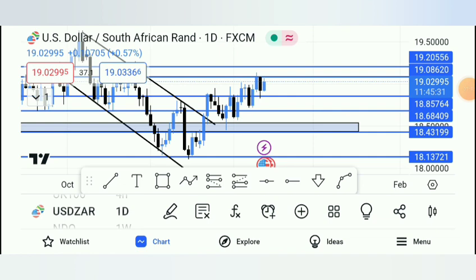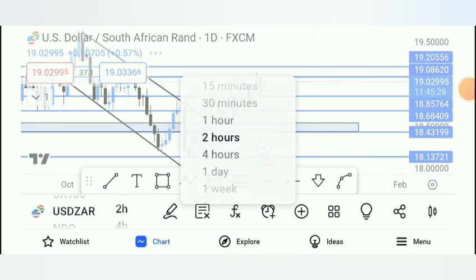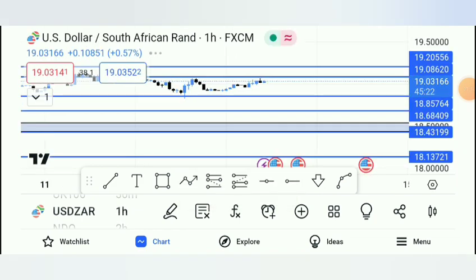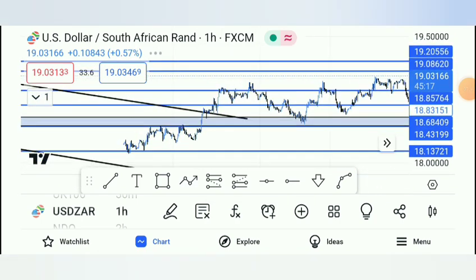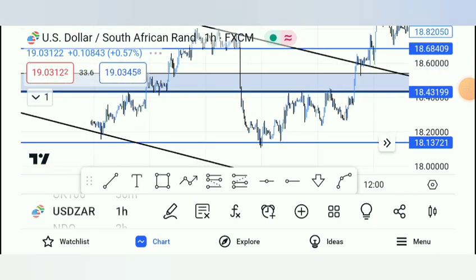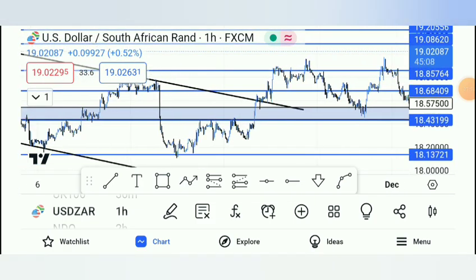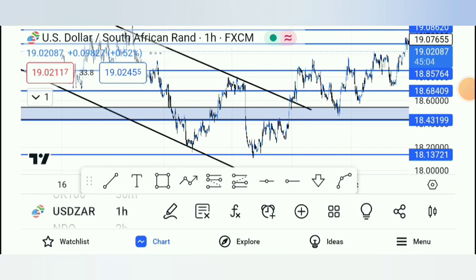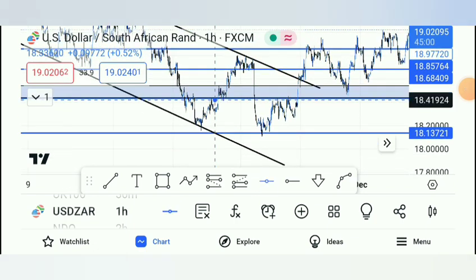Then I went to the 4-hour time frame. What you want to do is go to the 1-hour time frame to see if you missed any points. As I went here, I saw that the buy is really strong.